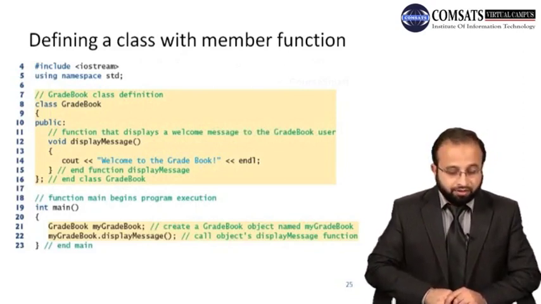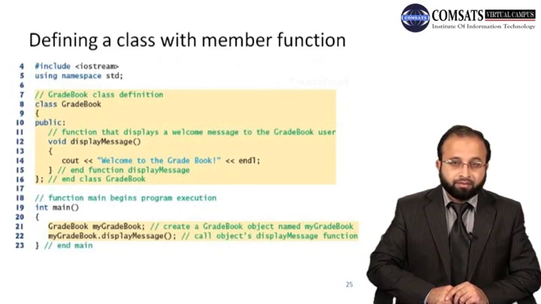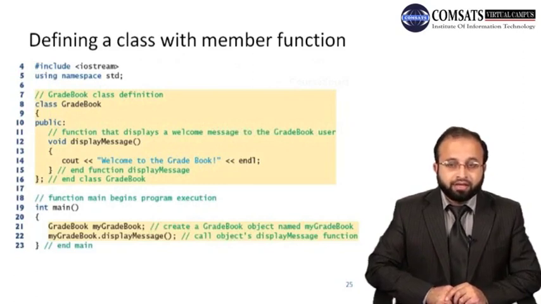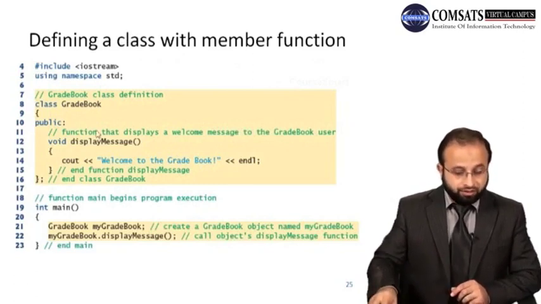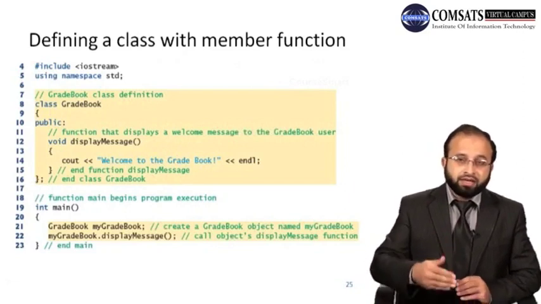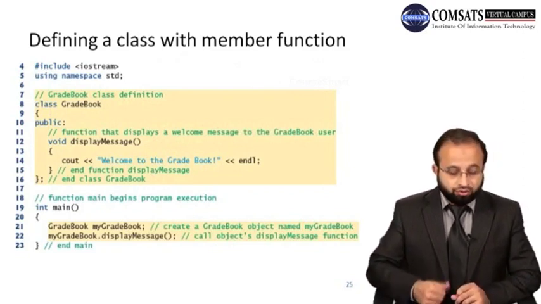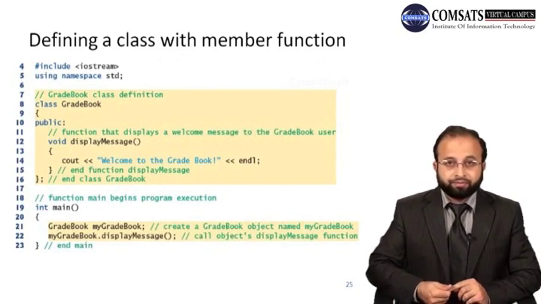So public means that you can access the public functions that are defined inside the definition of the GradeBook class, and these public functions are accessible outside using the object of that class, right?